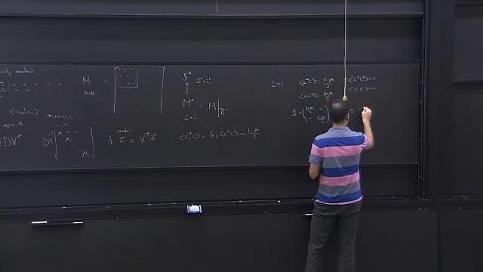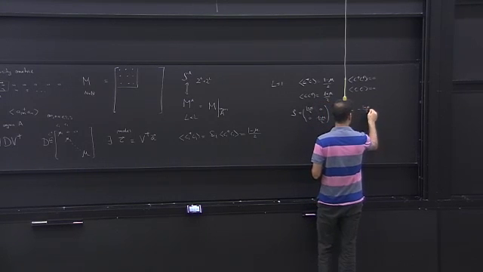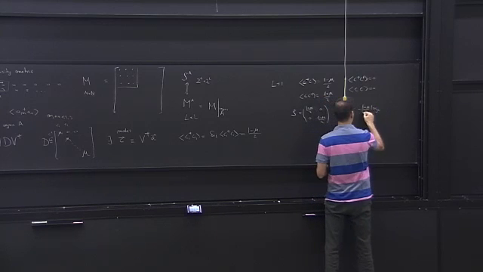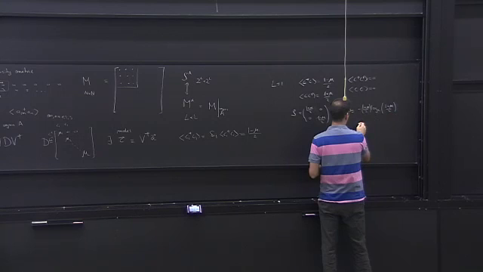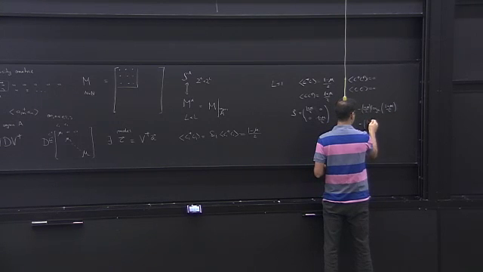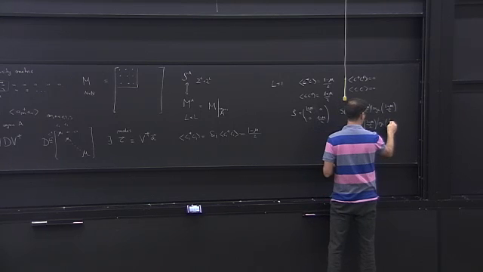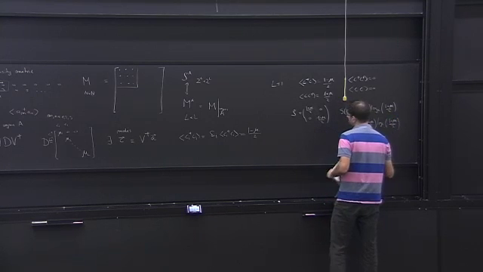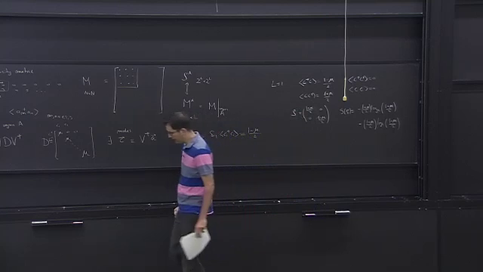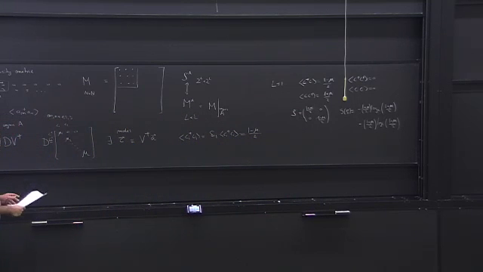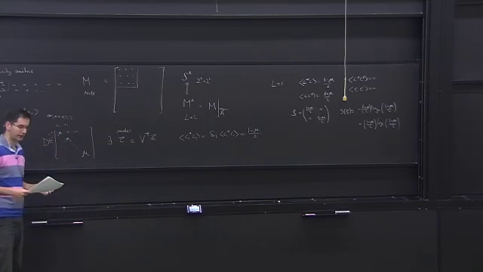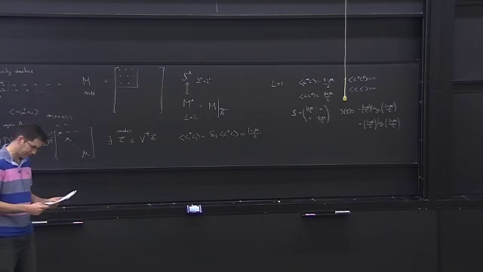It's minus (1 plus mu)/2 log 2 of (1 plus mu)/2, minus (1 minus mu)/2 log 2 of (1 minus mu)/2. Okay? So if we had just one mode, we would be able to compute the entropy. It would be just the diagonal entry that we would get after diagonalizing the matrix.